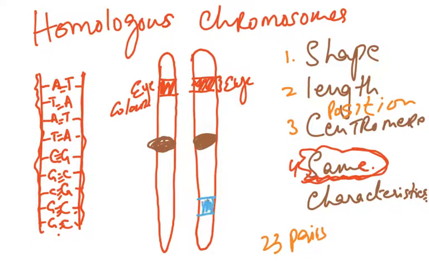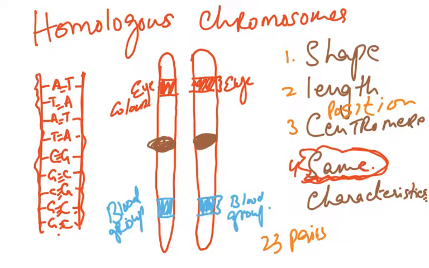If this is the gene for blood group, then we're going to have the gene for blood group on this side as well. And this would be a pair. So you can't have blood group on one side and something else like hair color on the other side. They code for the same character.